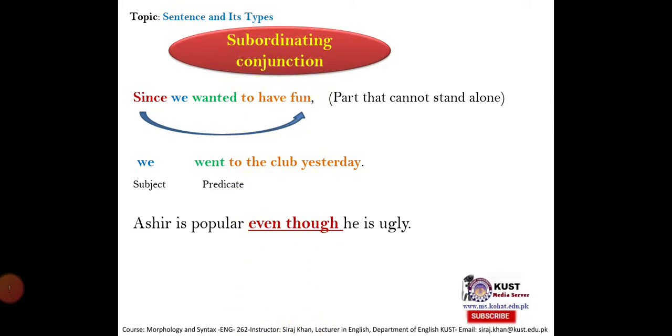We are having a subordinating conjunction, since, so that can give us a dependent clause. Ashir is popular even though he is rich. Even though is a subordinating conjunction. So all the dependent clauses will have a subordinating conjunction.